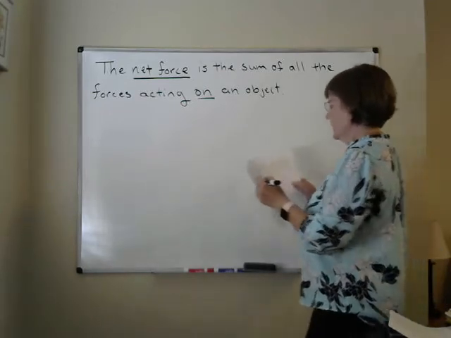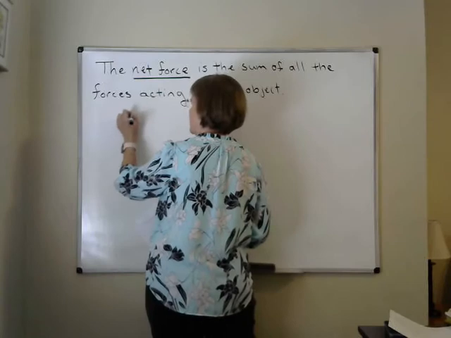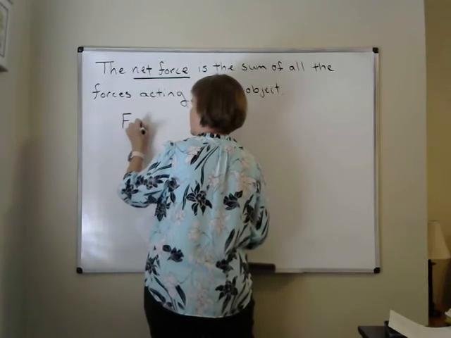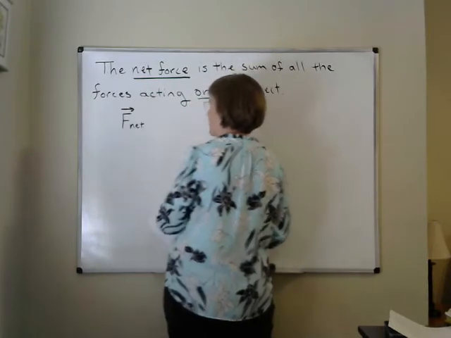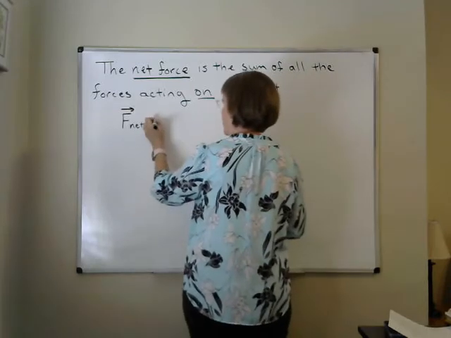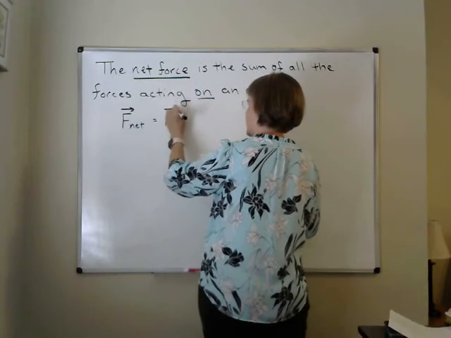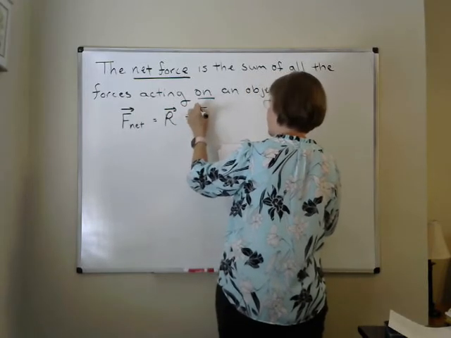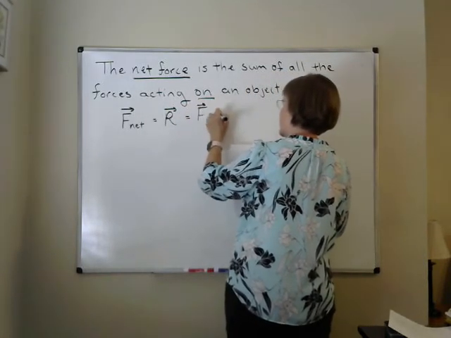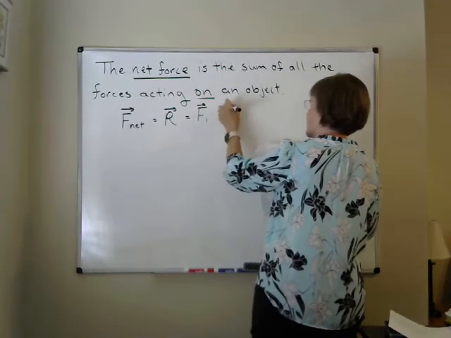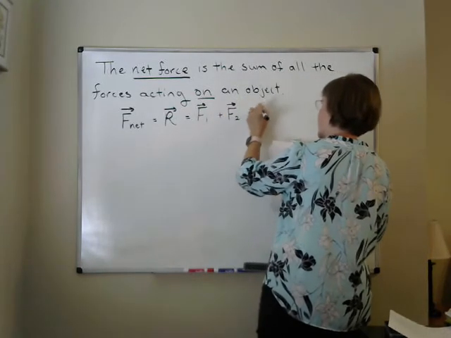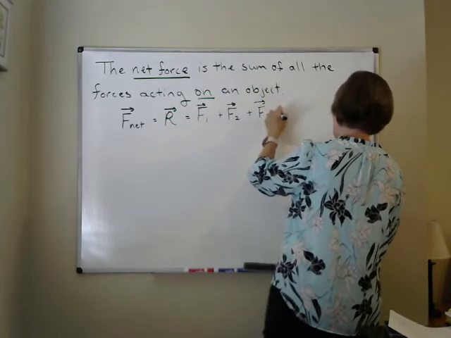So, net force, there it is. We just write the word net. Another way you can think of that is the resulting force. And it is simply equal to a vector sum of all the forces, however many there might be.